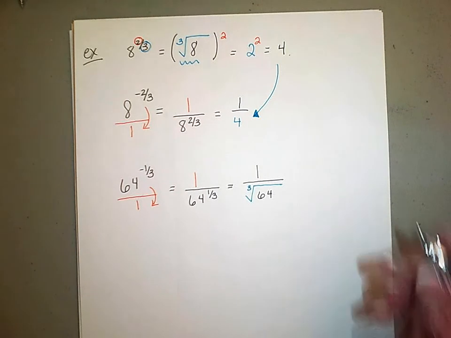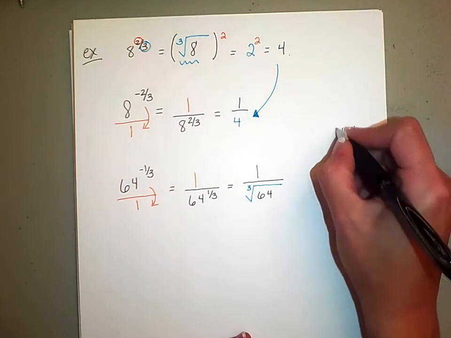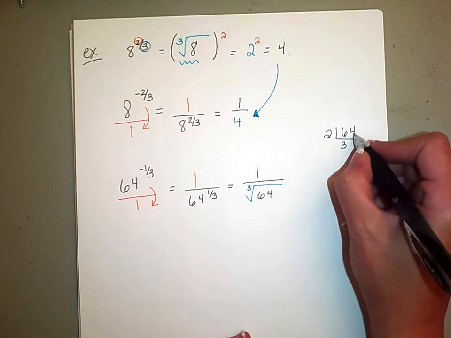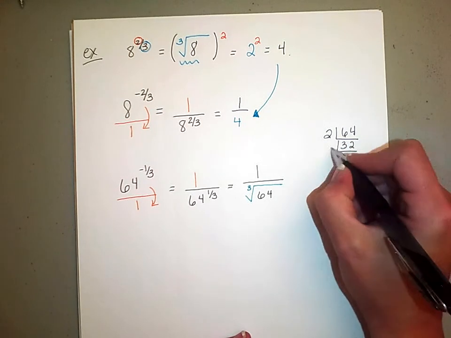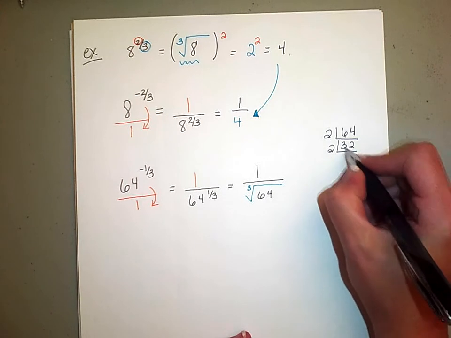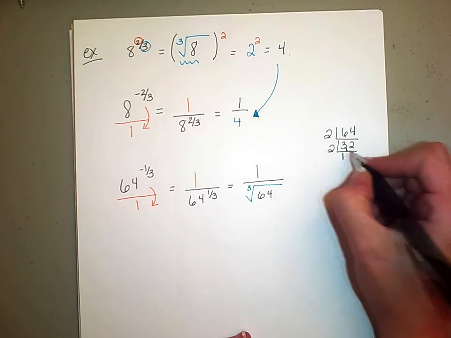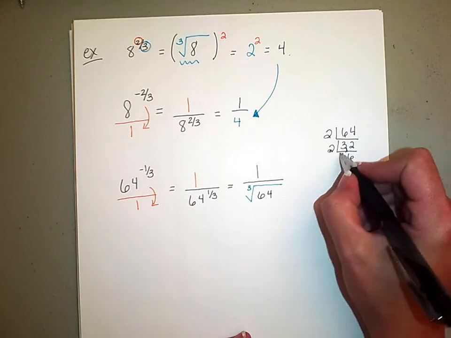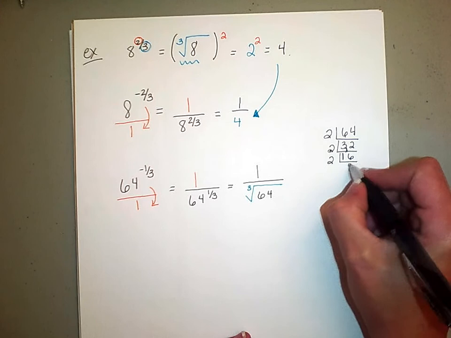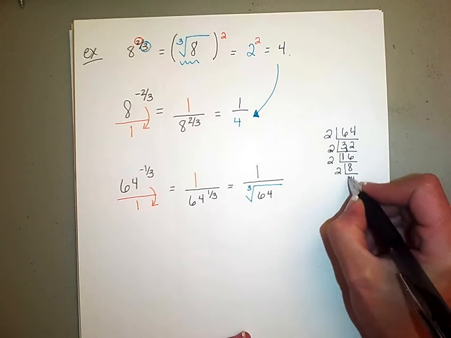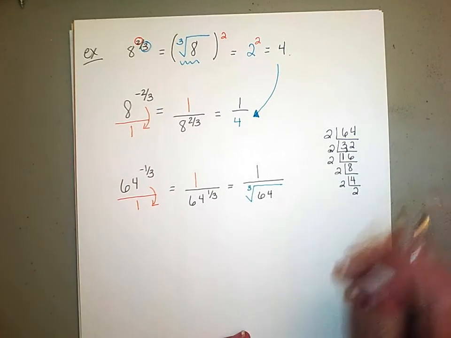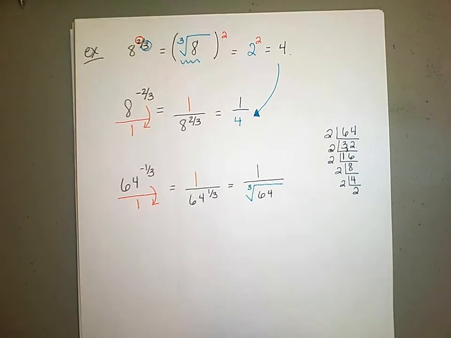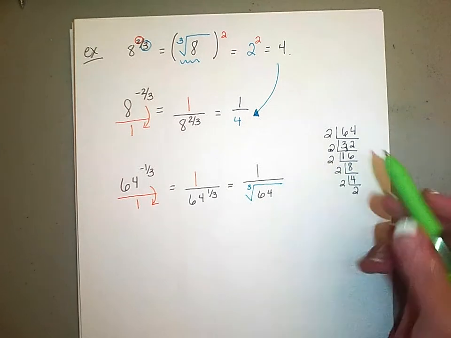Since I'm taking the cube root, I want to look for groups of 3, so let's take the prime factorization of 64. 2 goes into 64... 6 3 times, and 2 goes into 4 2 times. 2 goes into 3 1 time with a remainder of 1. So then 2 goes into 12 6 times. 2 goes into 16 8 times. 2 goes into 4 and 2 and 2. Now I'm looking for groups of 3 because this is the cube root. Okay?